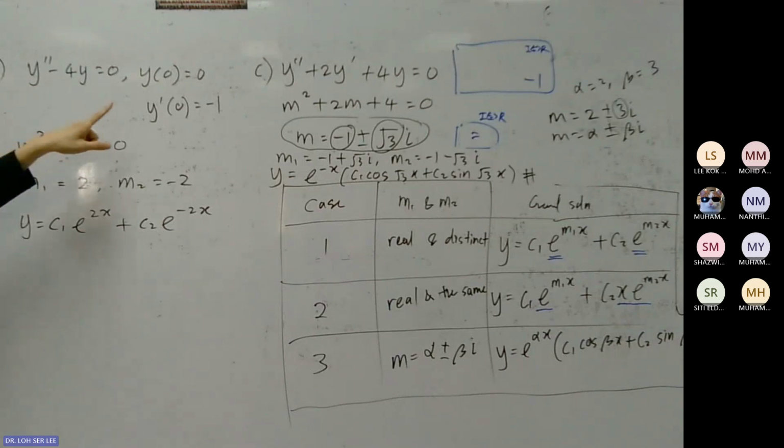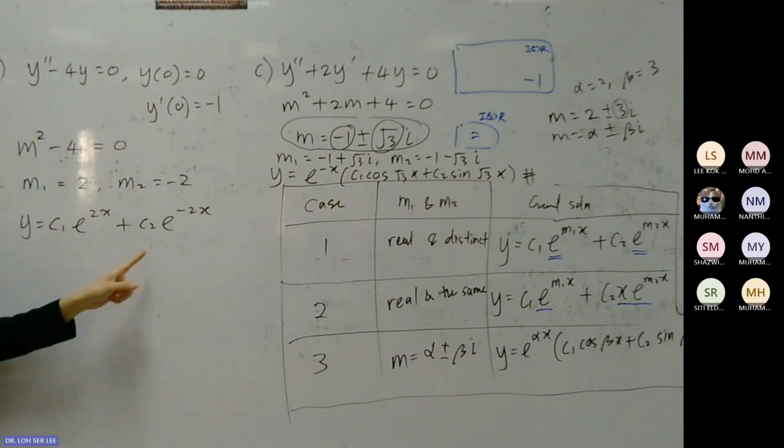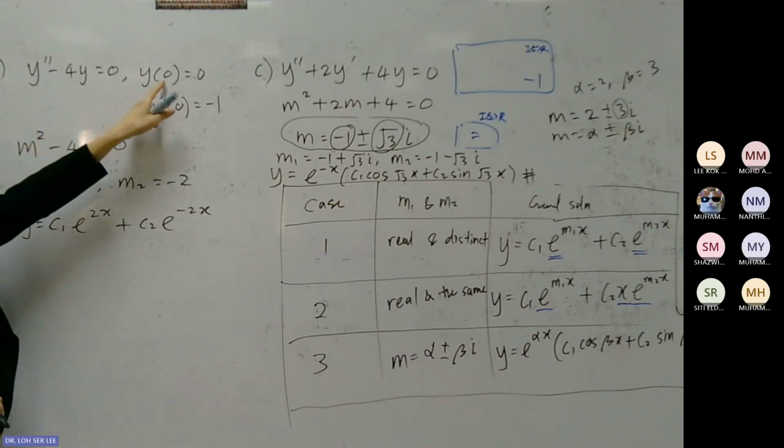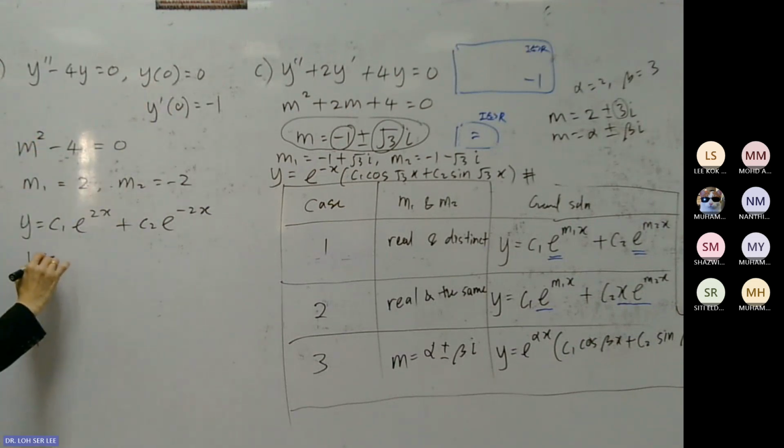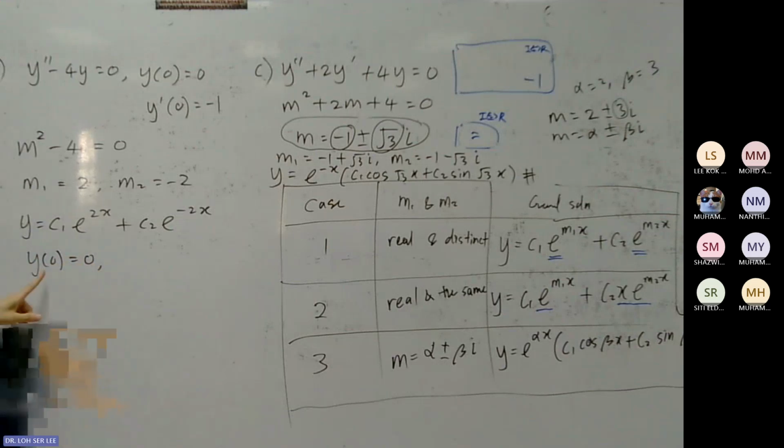But this question comes together with the initial values. Initial values are given to find the values of C1 and C2. So now you substitute this one. Why do we apply this one first? When x is 0, y is 0.